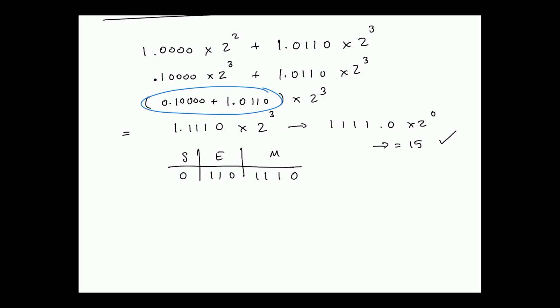I would write that as 1.0000 times 2 to the 5th. If I add 3 to that, what do I get? Okay, but my exponent can be how many bits? Only 3. How many bits do I need to express 8? 4. So what that means is that the number 32 is not expressible as an 8-bit floating point number. You cannot do it.